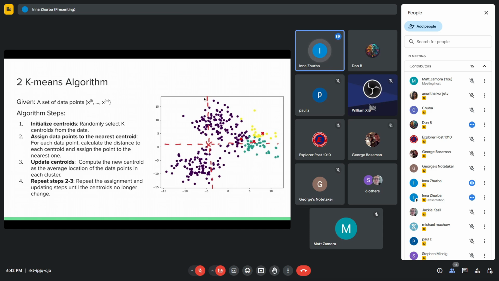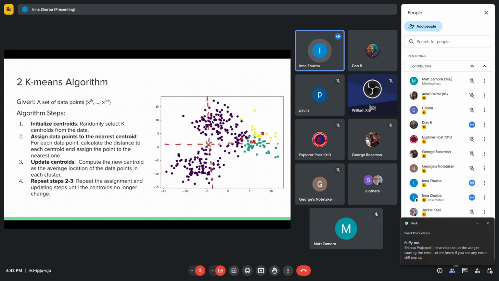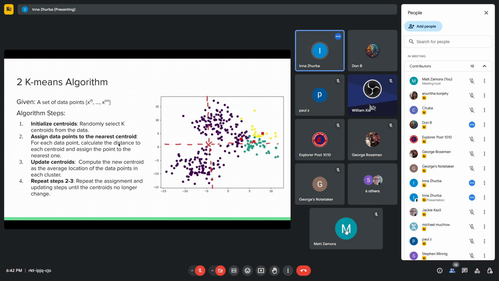After recomputing, our new point of mean would be where this red cross is. After that, we just repeat the assignment and updating steps, so steps 2 and 3, until the centroids no longer move. When our centroid locations don't change, we just stop there.